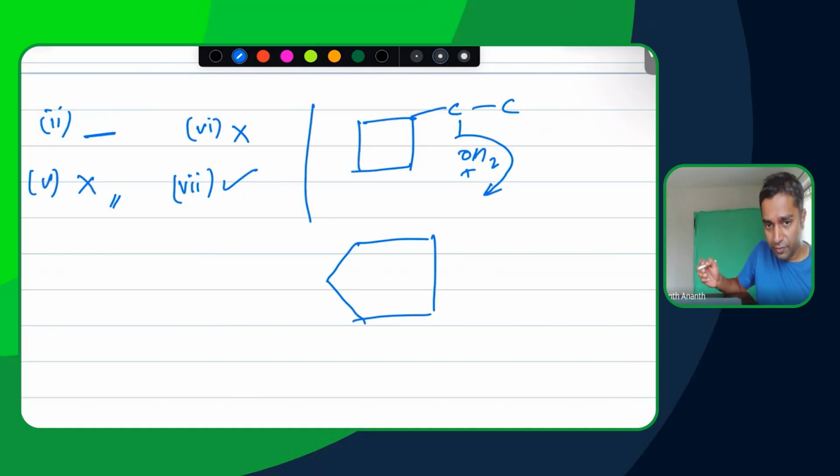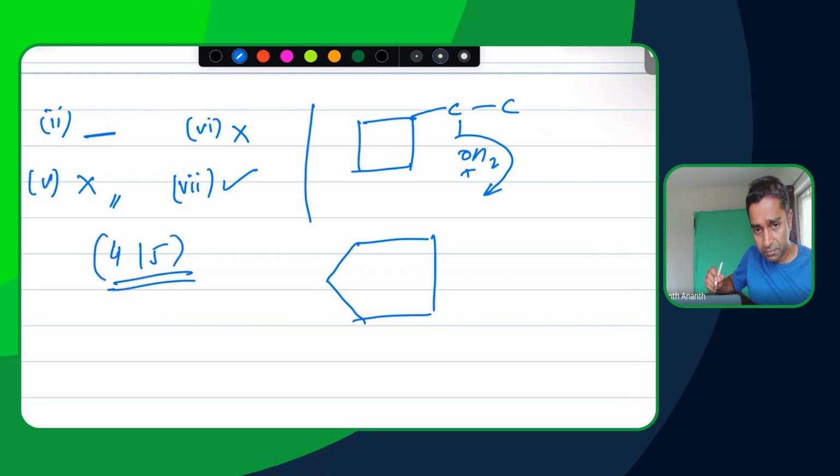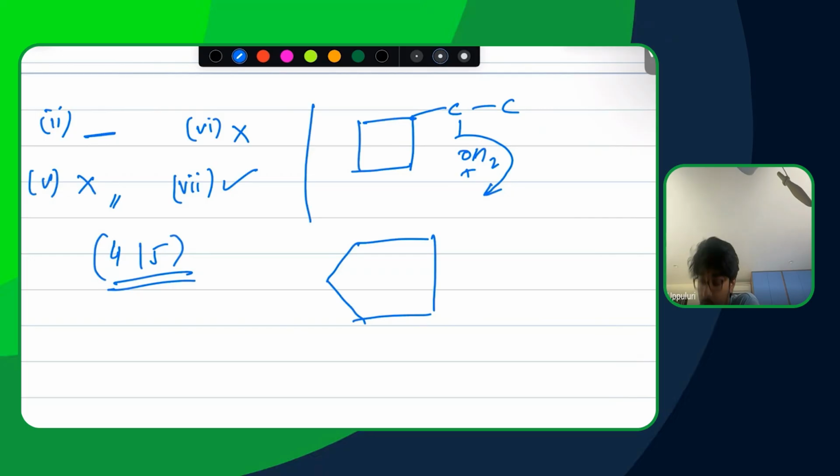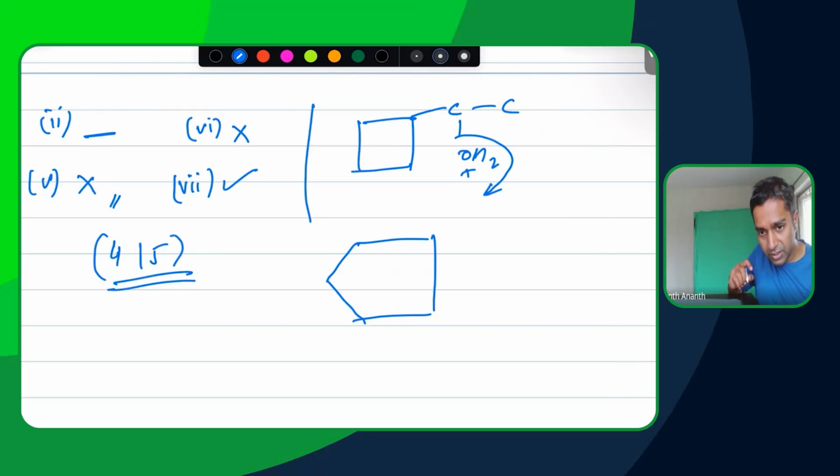So the answer as of now looks like 6 out of 7. So 1, 2, 3, 2 are wrong for sure. 4 or 5, what is the answer given? 6. That means one of these is also something which they are assuming to be correct.